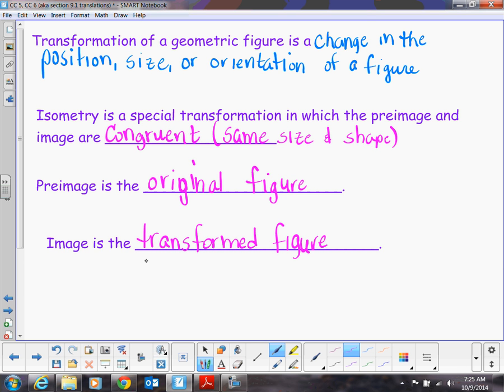I could say this figure after the transformation. And it's really important that you understand in any problem who is the original and who is the image. Otherwise, you're going to get the descriptive rule that tells you what one was or what happened wrong.